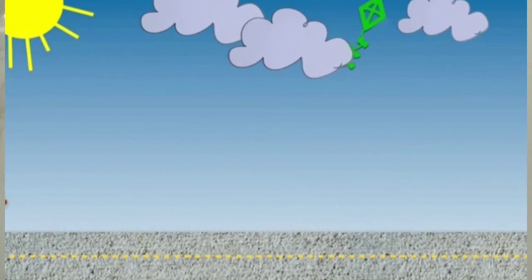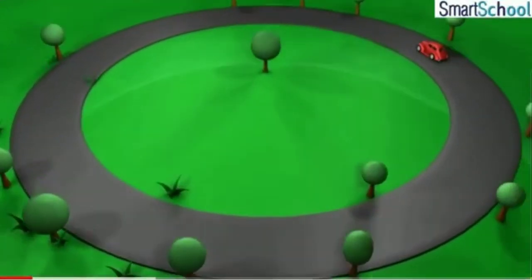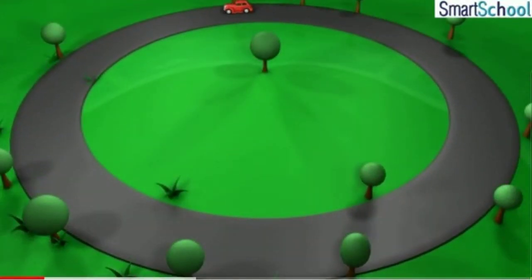Now, coming to Newton's second law of motion. What is Newton's second law of motion? Before going to that, we need to learn what is momentum. What is momentum? For example, you take two balls.